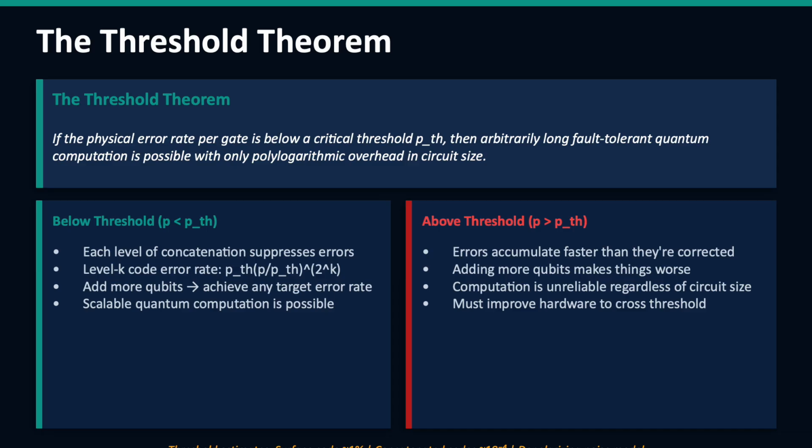Below the threshold, adding more layers of error correction makes things better. Above the threshold, adding more layers makes things worse, because the error correction process itself introduces more errors than it removes. The threshold value depends on the specific error correcting code and the specific error model you assume.